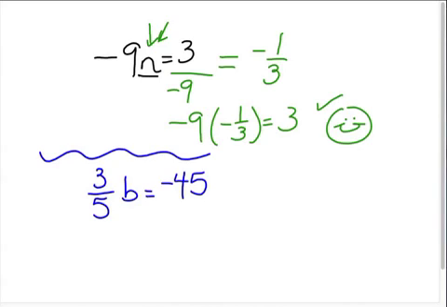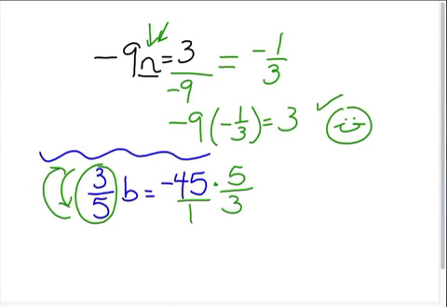The inverse of fractions is simply to multiply by the reciprocal. So we see this 3/5. The reciprocal, remember, means flipping it, just flipping it upside down. So we are going to multiply the 45 by 5/3.